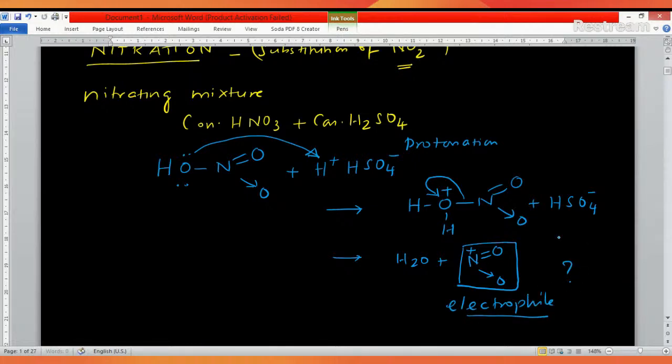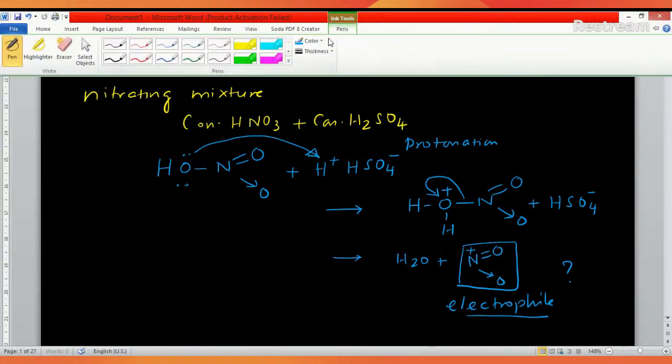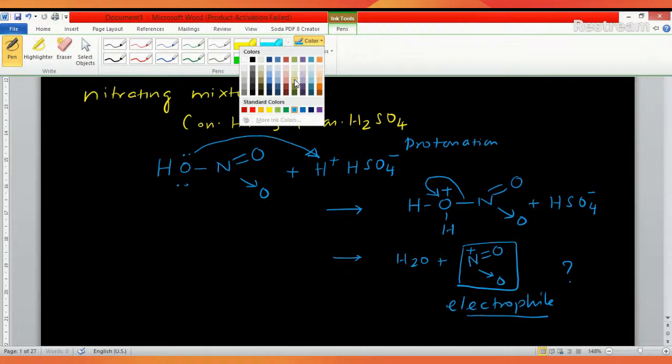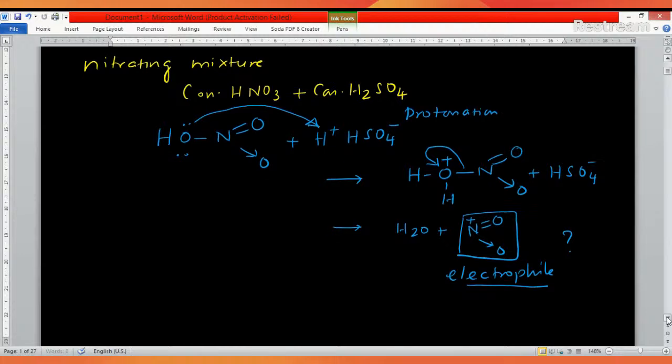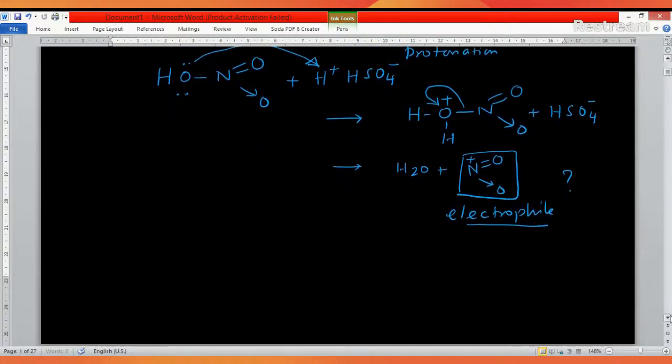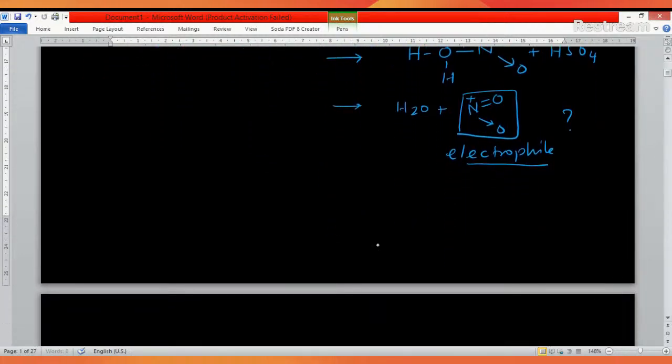Now we are going to substitute this electrophile in the benzene ring. How can this be substituted in the benzene? First of all, I will write the reaction followed by the mechanism. In the case of benzene, and you know the structural formula, one of the hydrogens is taken outside conveniently, and when it is treated with the electrophile like this, it will get this pi electron.